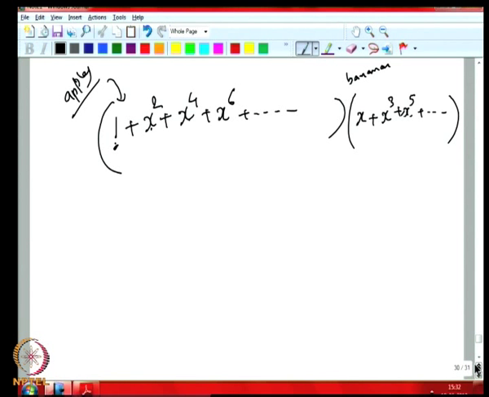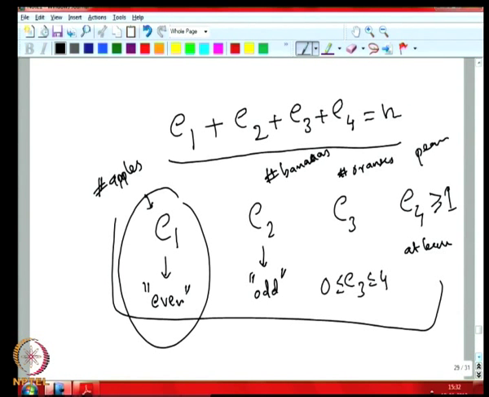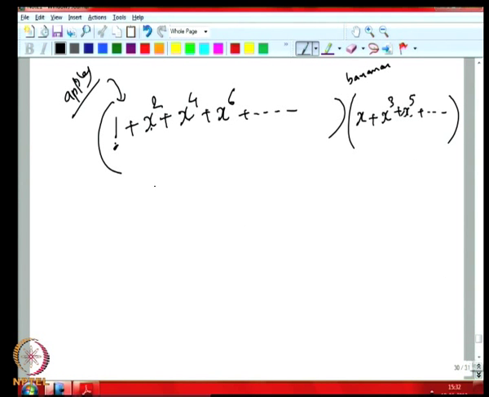Third one says you need oranges, and that should be between 0 and 4, right. So the third term will be 1 plus x square plus x cube plus x raised to 4, so the powers of x are all between 0 and 4 here.